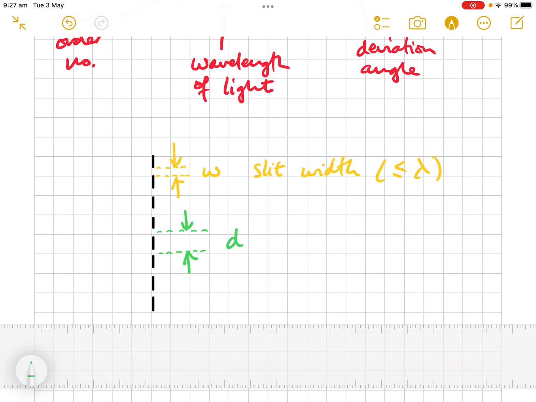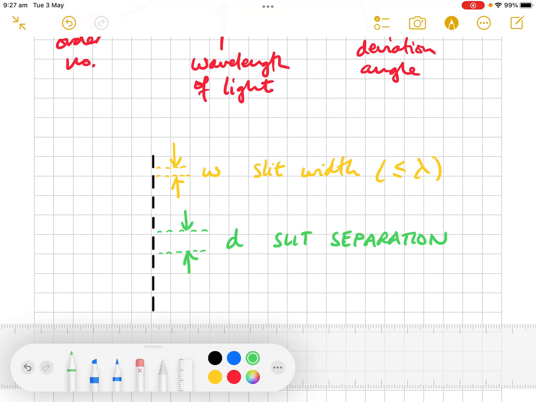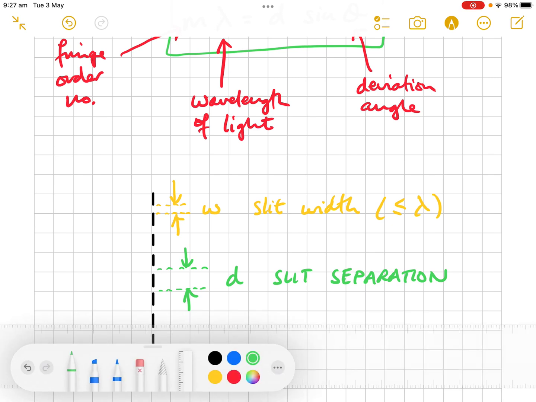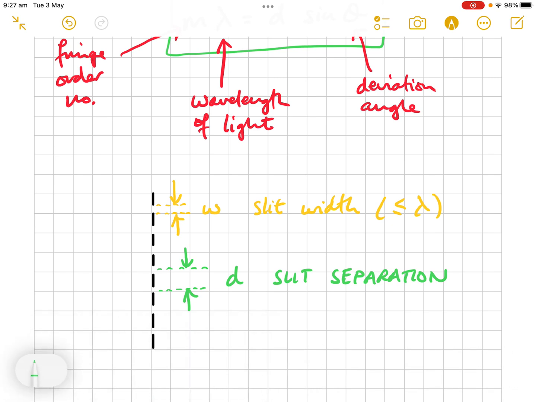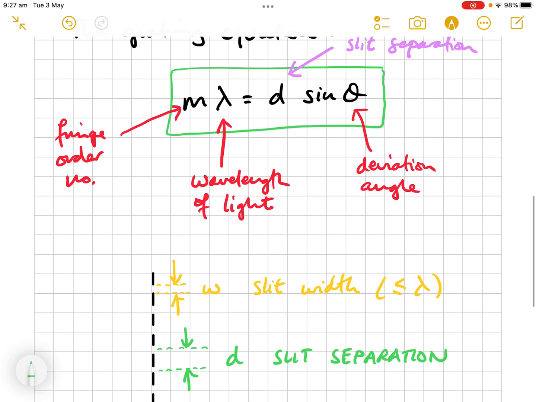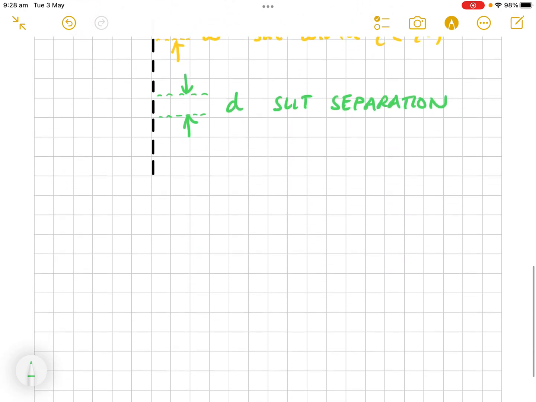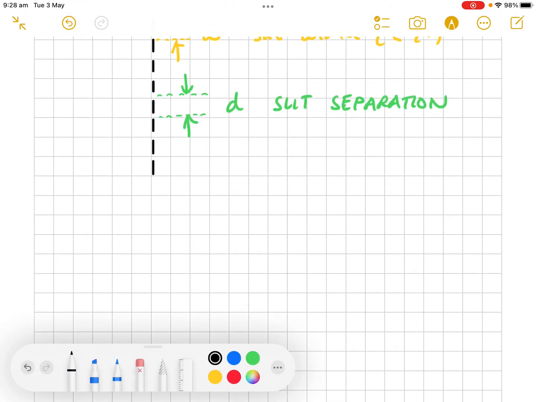And that's called d, slit separation. So, the d in the equation m lambda is d sine theta, that d is slit separation. Let's do an example so that you can see how it works in practice.